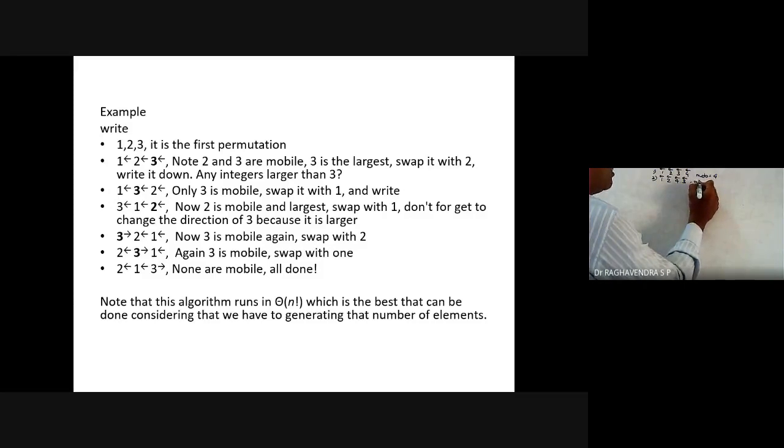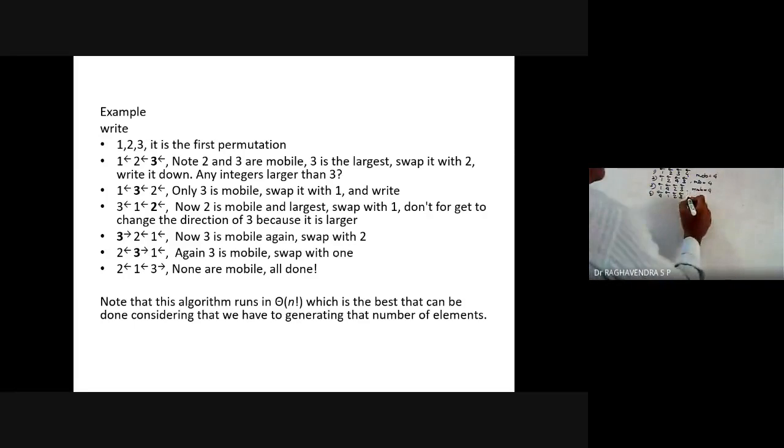Now again, mobile is 4. So what happens? 1, 4, 2, 3. Again, mobile is 4. Then we have 4, then we have 1, then we have 2, we have 3.